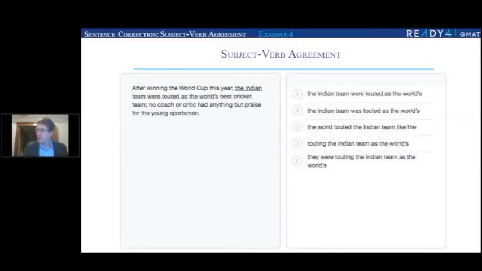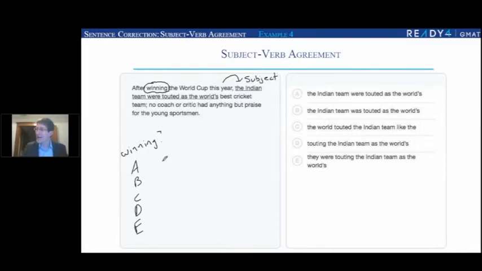And there's sort of two issues going on here. If you just take them from left to right, the one issue is this word winning at the beginning. You've got to think carefully about what that means, because when you put a modifier at the beginning of the sentence, the rule is that it has to modify the subject, right?